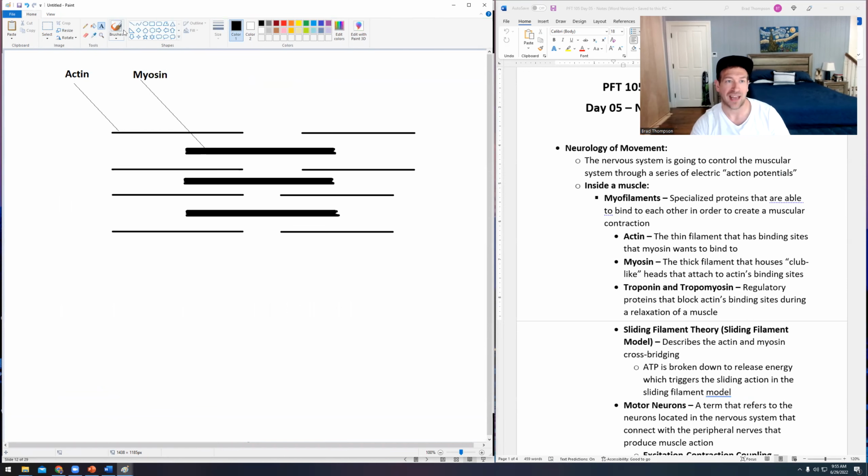Now, if you actually look at actin, it actually looks something kind of like this. This is going to take me just a second to whip up a picture. But actin strands actually look something kind of like this. We're going to zoom in just a second here.